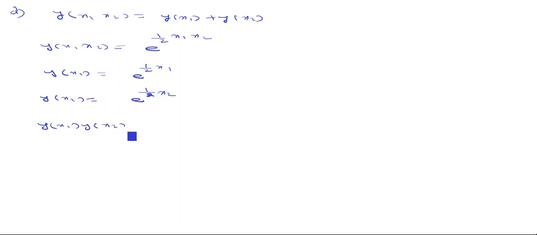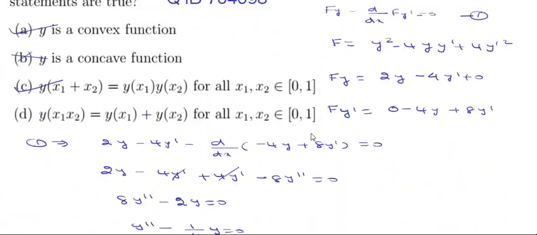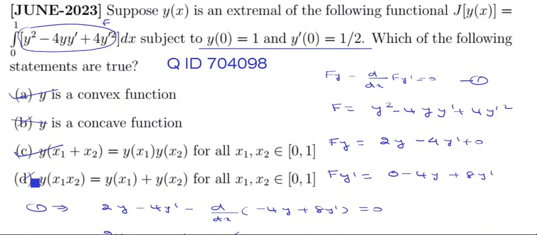Y of x1 into y of x2 is e power 1 by 2 x1 into e power 1 by 2 x2, which is equal to e power 1 by 2 times x1 plus x2. So y of x1 x2 is not equal to y of x1 into y of x2. Therefore option D is wrong. So the only two correct options for this question are option A and option C.